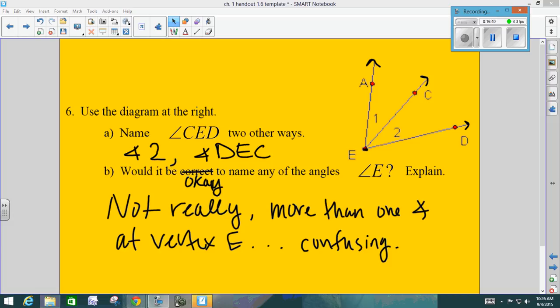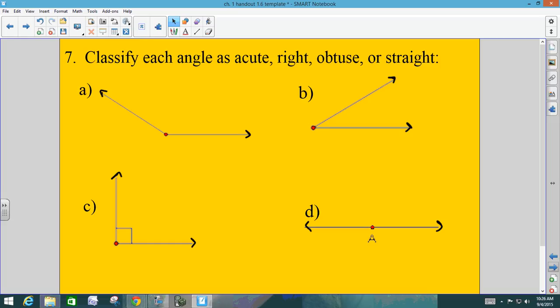Okay. All right. I think most of you already did 7 as I was walking around. If you haven't, I'll give you a few seconds here to go ahead and classify the 4 angles on number 7. Maddie, how would you classify the first angle there?